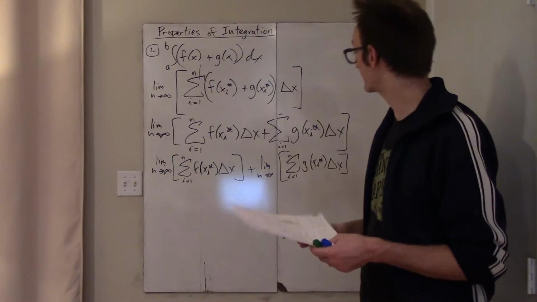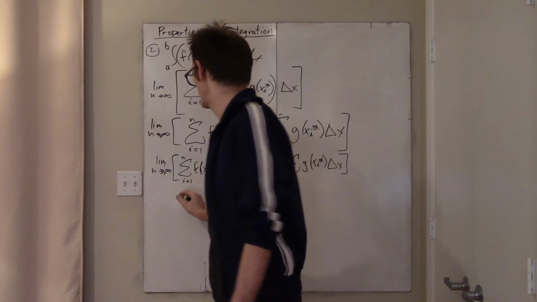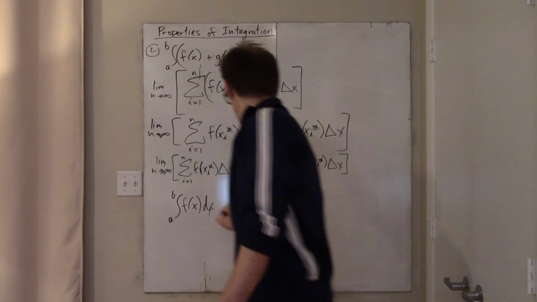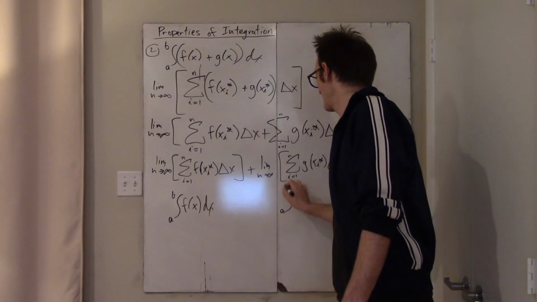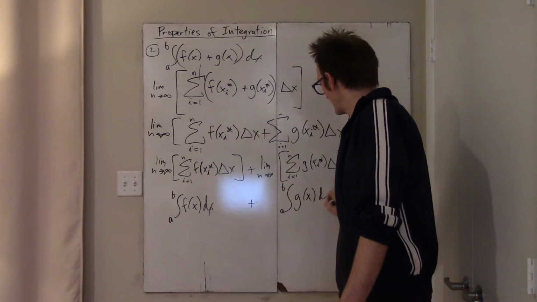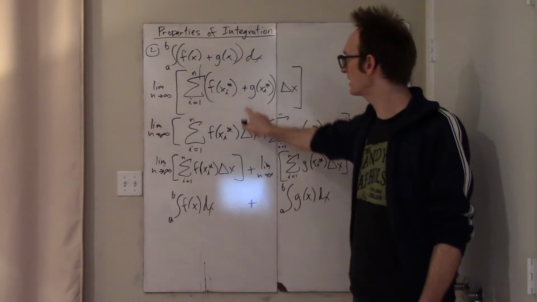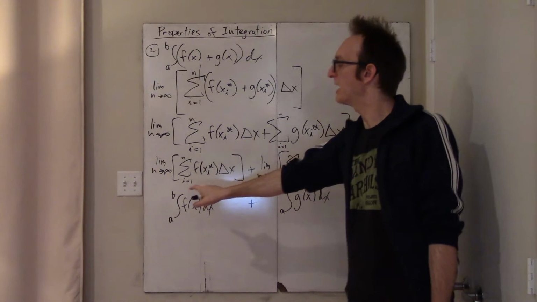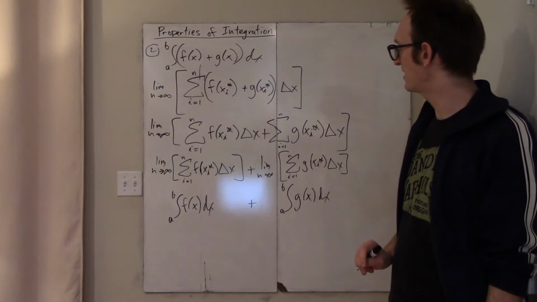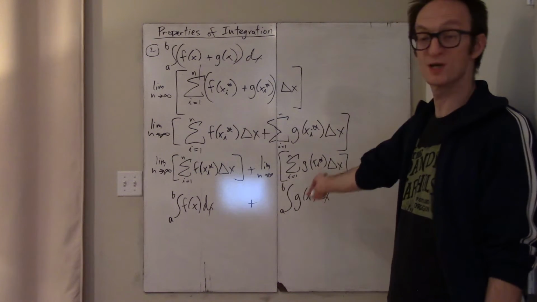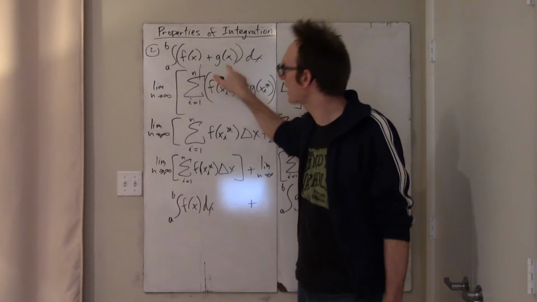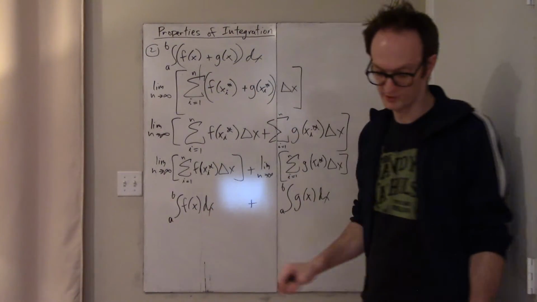Okay, and of course, what is this? This is just by definition the integral from a to b of f, and this is the integral from a to b of g. And so what I have just proved, using the distributive property, properties of summations, the fact that the limit of a sum is the sum of the limits, and the definition of integration, is that the integral of the sum of two functions is just the sum of the integrals.